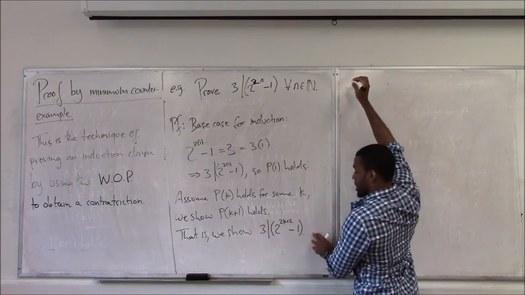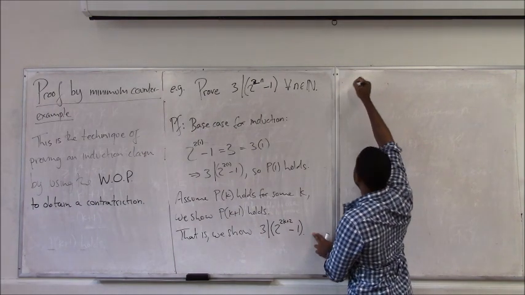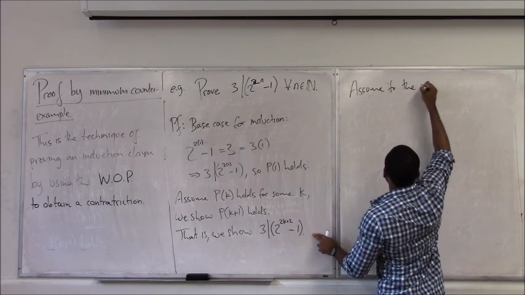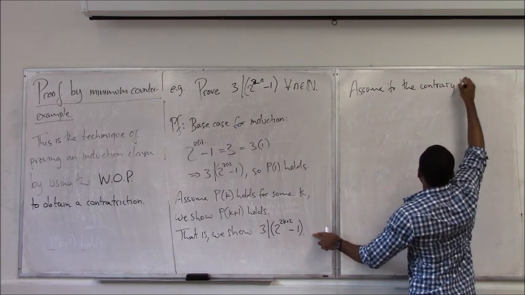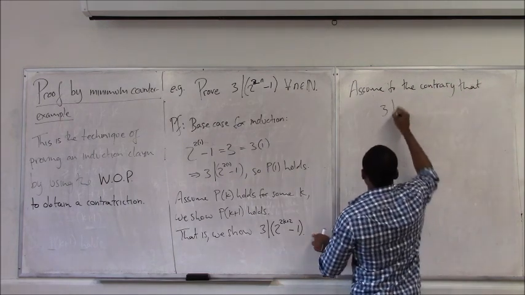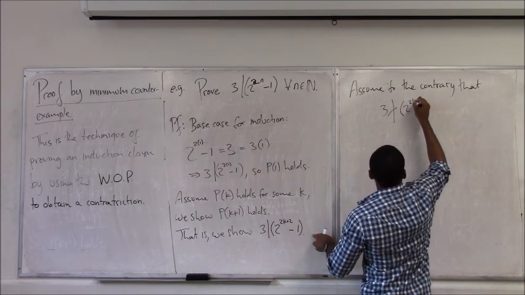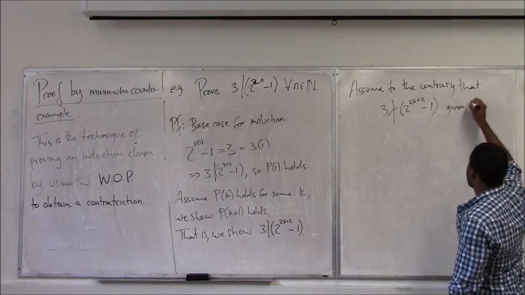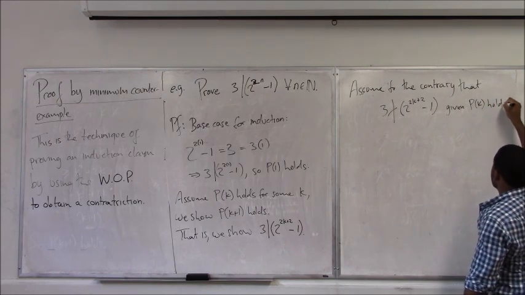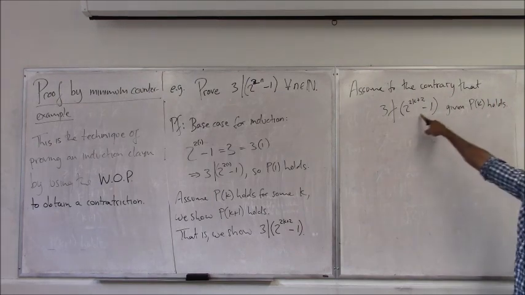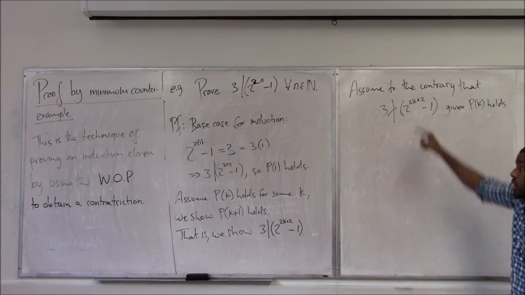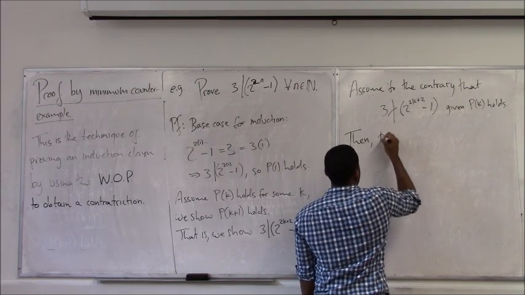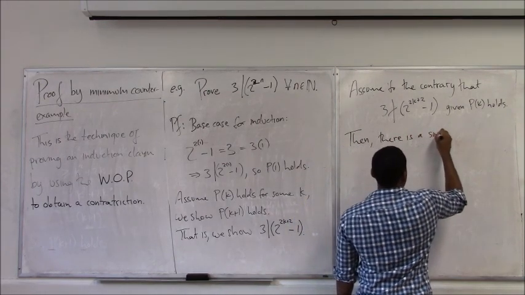So here's how we can employ the proof by minimum counterexample. Assume to the contrary that this does not hold. So given that this holds, let's assume for the sake of contradiction that this does not hold. Then there is a smallest number for which it doesn't hold.